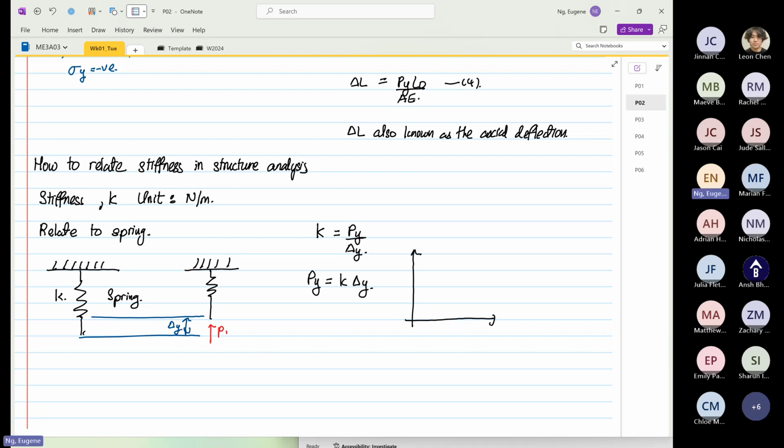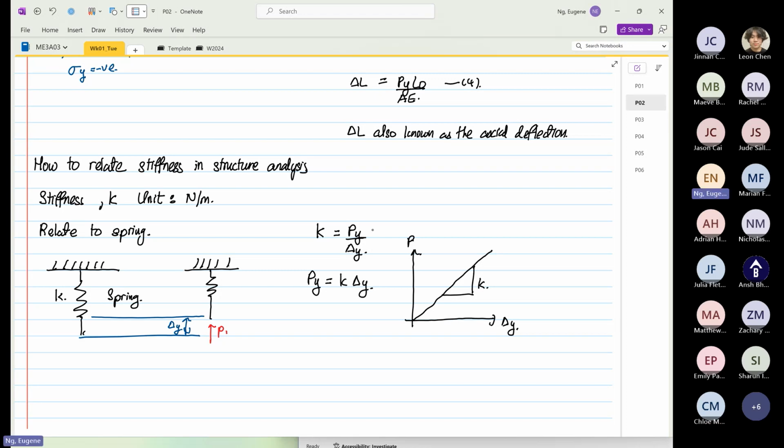If this is your delta Y, and this is your P, it's going to have a linear relationship. This over here is your stiffness K.